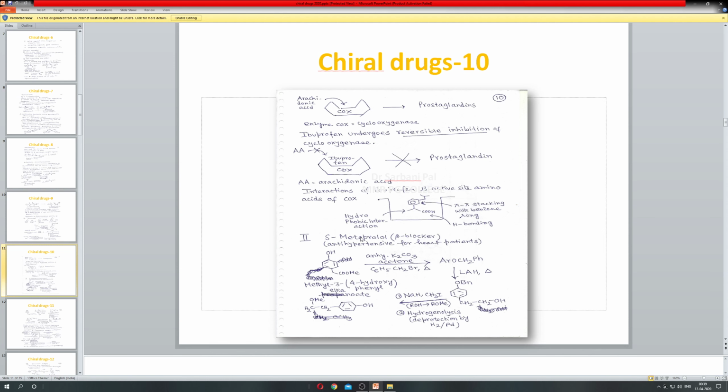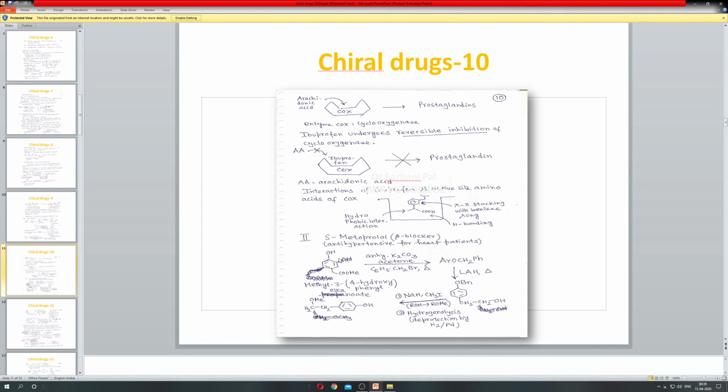Metoprolol is an example of a chiral drug and the S enantiomer is the eutomer. Its mode of action is that it is a beta blocker, a beta adrenergic receptor antagonist. First, as usual, we will synthesize this molecule and then we will see its mode of action.